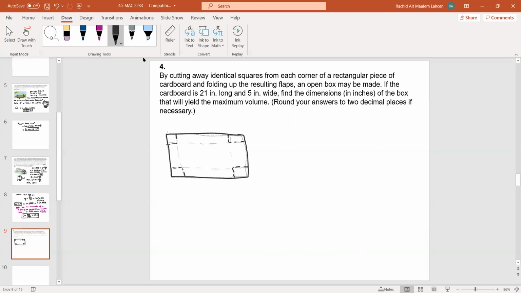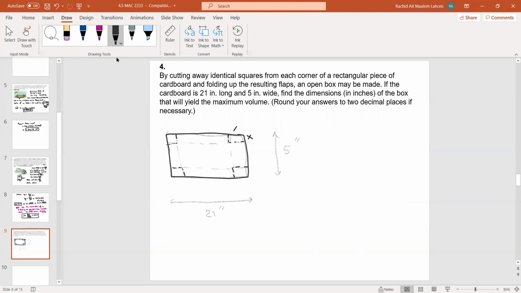And if the cardboard is 21 inches long, which means from here to here is 21, and from here to here is 5, find the dimensions of the box that will yield the maximum volume. So we're going to cut an X amount, which is the same, of course.